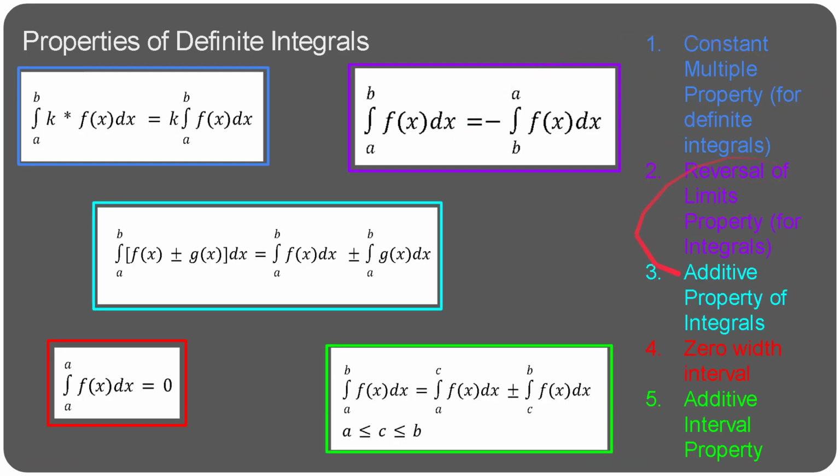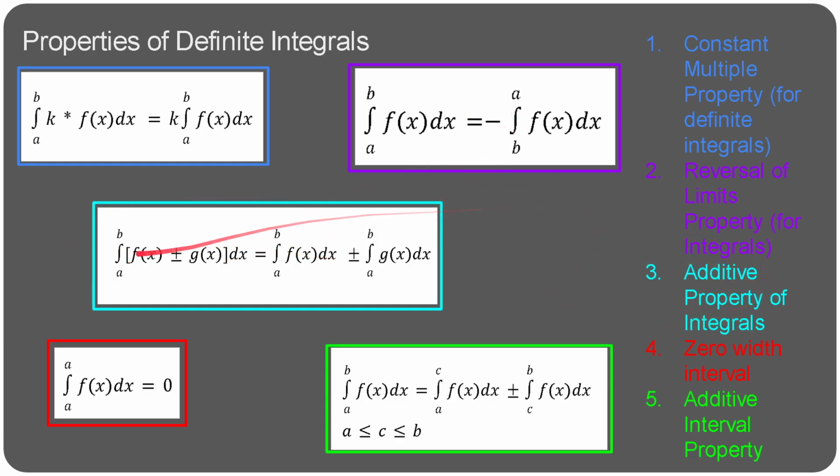So with the reversal of limits property, sometimes it might be smart to solve your problem by reversing the limits, right? You can just say the negative integral is equal to the reversed limits, because instead of accumulating area, you can kind of think of it like you're deaccumulating area, right? Instead of accumulating f of x from a to b, you can deaccumulate f of x from b to a, if that makes sense. So yeah, that's why that negative is out there.